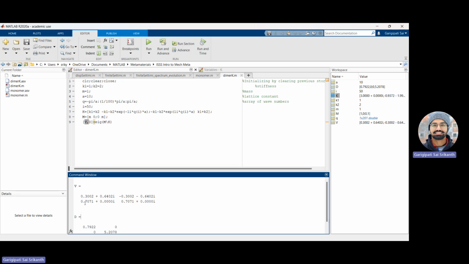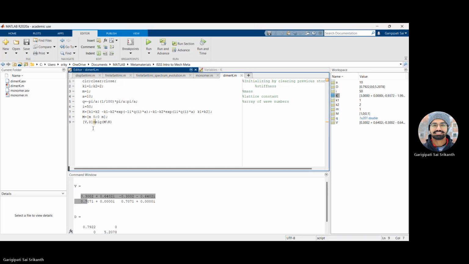And the row index belongs to the degree of freedom. The column index belongs to the mode number. Okay. Yeah, this seems to solve it.